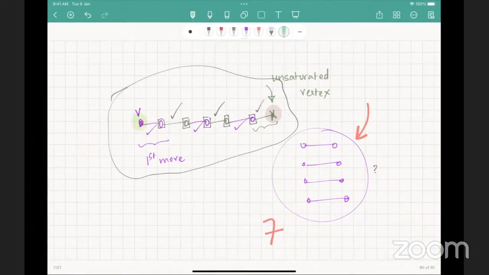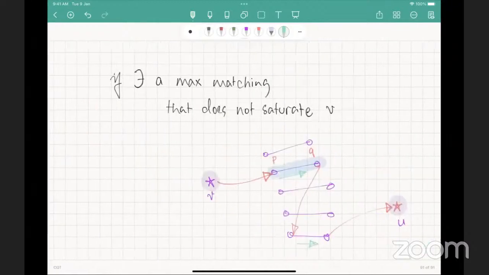Okay, all right. So on the other hand, we said that if it is not the case that every maximum matching saturates V, then there must be at least one that avoids V. And we said that that will form the backbone of the second player strategy.